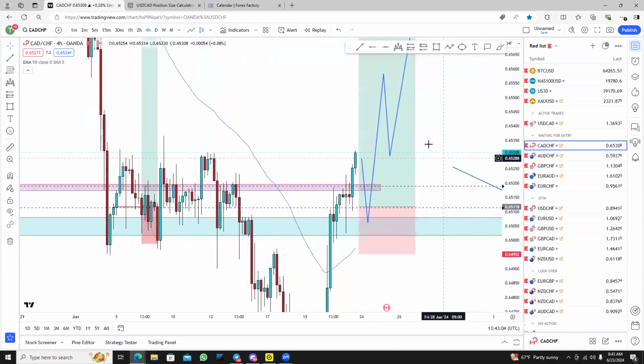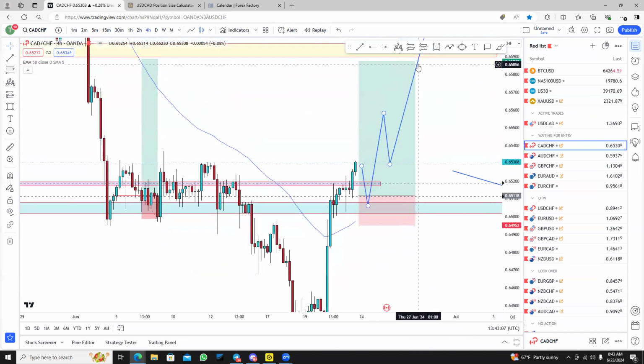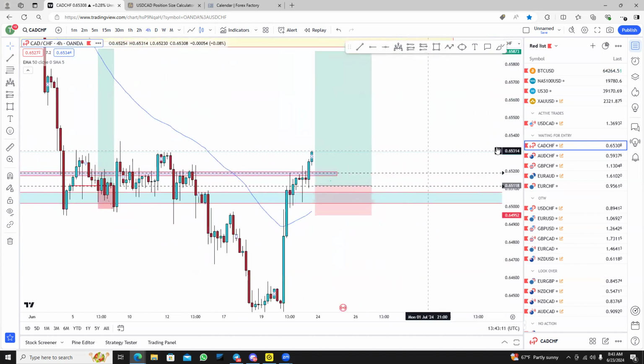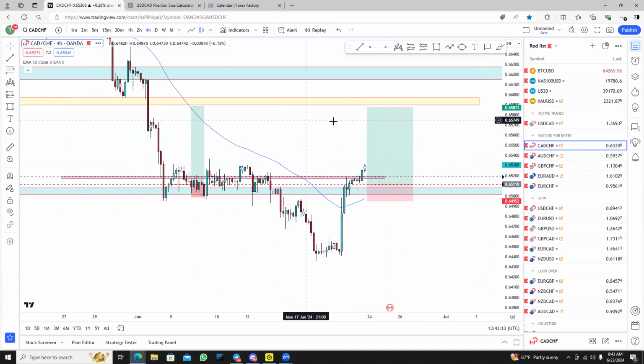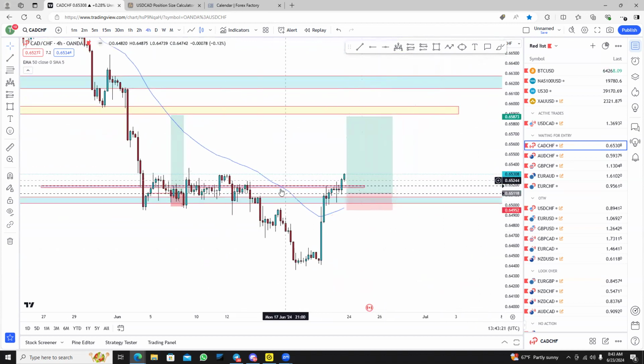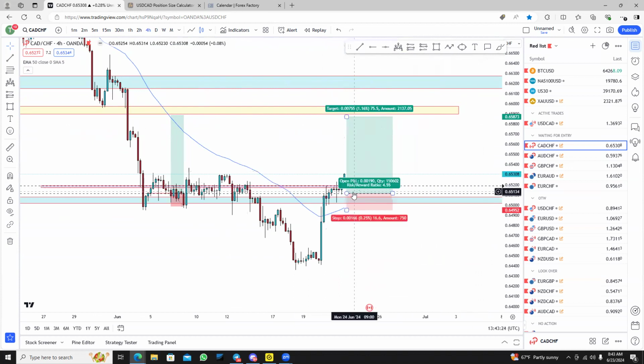Don't need so much on my chart. I don't like that. We'll get this off my chart too. Yeah, that's what we're looking for. So we got our alarm set. Boom, getting ready. We want to see this thing. If it wicks into this, I'm taking it long.